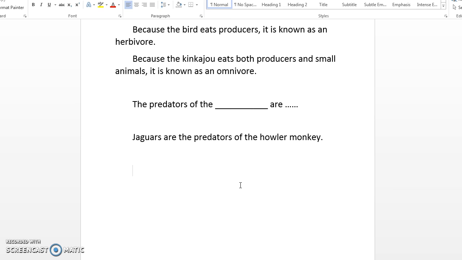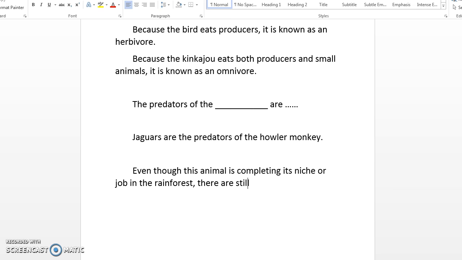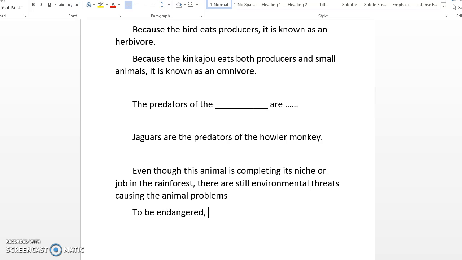So you might say something like, even though this animal is completing its niche or job in the rainforest, there are still environmental threats causing the animal problems, or you might say causing the animal to be endangered or threatened.